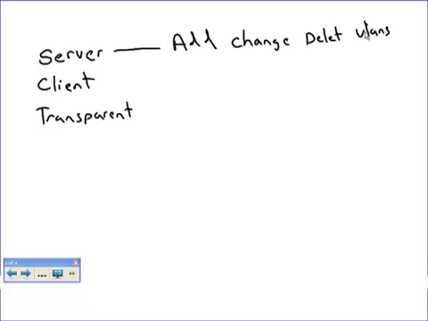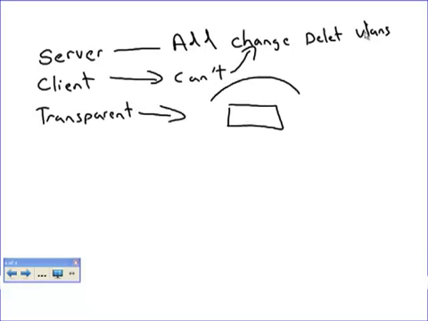The client can't do any of that, so he can't add or change any VLANs. And transparent, well, if you took a switch, it's like placing a bubble around that particular switch, and he always stays at revision 0. He never ever sends or synchronizes any VTP updates out on the network.